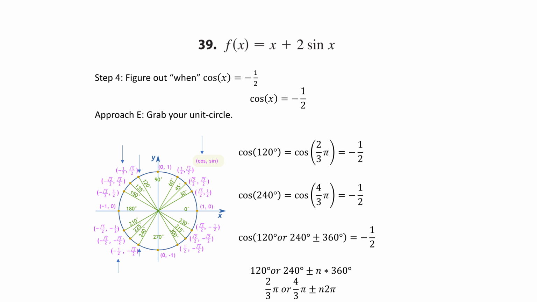So the full answer is 120 or 240 plus n times 360, or in radians, 2 over 3 pi or 4 over 3 pi plus or minus n times 2 pi, which signifies that if you go a full circle around again, you'd still get negative 1/2. So that is the solution to the problem.